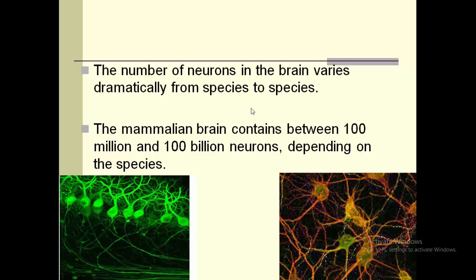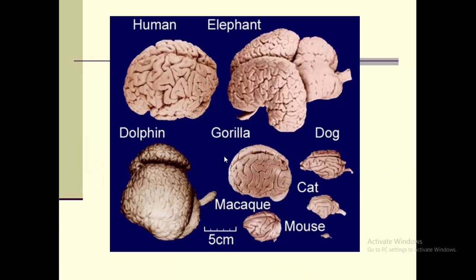The brain of the toad or of the frog is totally different from that of the dog, is totally different from that of the apes اللي هي الحيوانات العليا زي الغوريلا, and definitely totally different from that in الإنسان العاقل, which we call the Homo sapiens or الصورة الحالية من البشر. Mammalian brain contains between 100 million to 100 billion neurons, as I said, depending on the species.